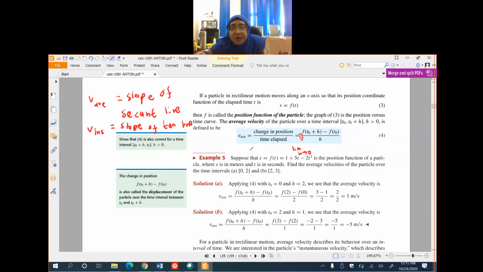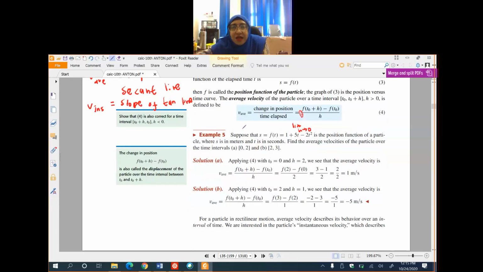So for example 5, the questions ask you for the average velocity of the particle over the time interval 0, 2, and for part B, 2, 3. So for the first one, 0, 2 first. Our t naught is equal to 0. Our h is the difference.